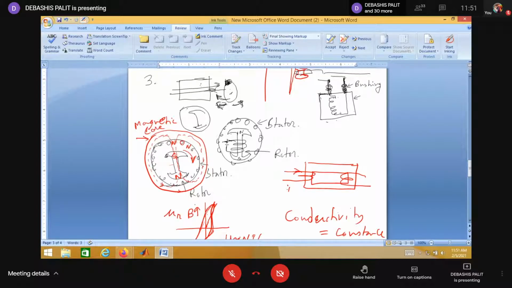Here current I1 is flowing, and here current I2 is flowing, and flux is created here. Flux flows through this path.